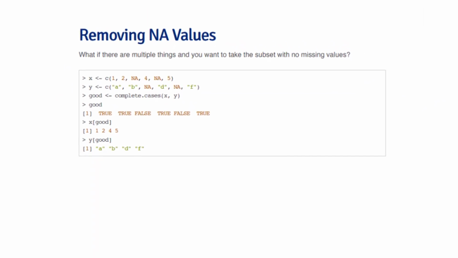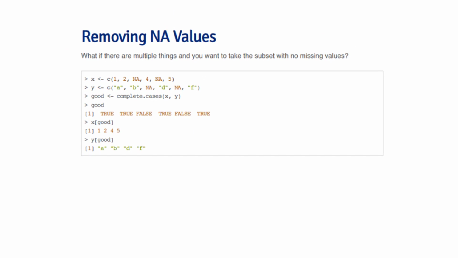So what if there are multiple vectors or multiple objects and each one has missing values in slightly different places, and you want to take the subset of all the objects that have no missing values? Alright, so here I created a vector called X, which is 1, 2, 4 and 5 and missing values scattered about. And then Y is a character vector with also some missing values in it.